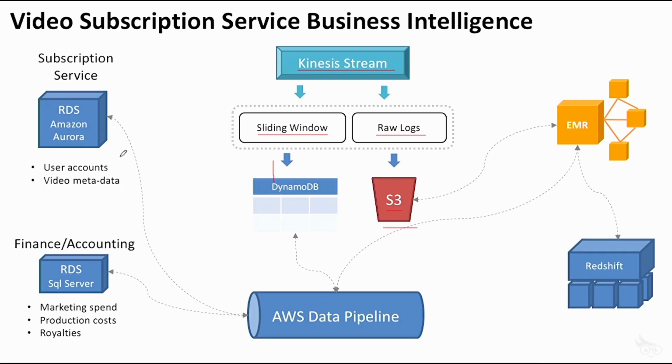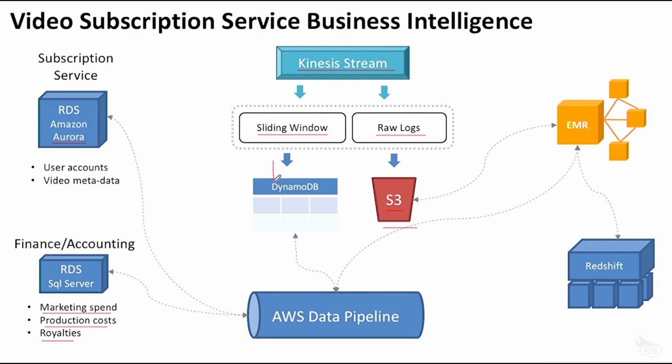From there, we have our user account information, and we have video metadata being stored in Amazon RDS using the Amazon Aurora database, which again is a MySQL compatible database, but gives us much greater performance over stock MySQL. We also have our finance and accounting team using SQL Server on Amazon RDS to track how much we spend on marketing campaigns, how much we spend to produce video content.